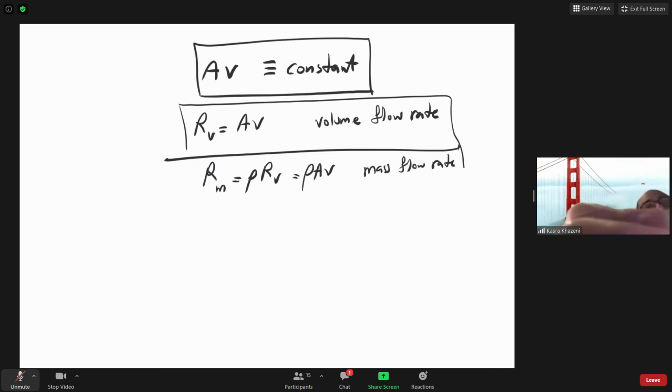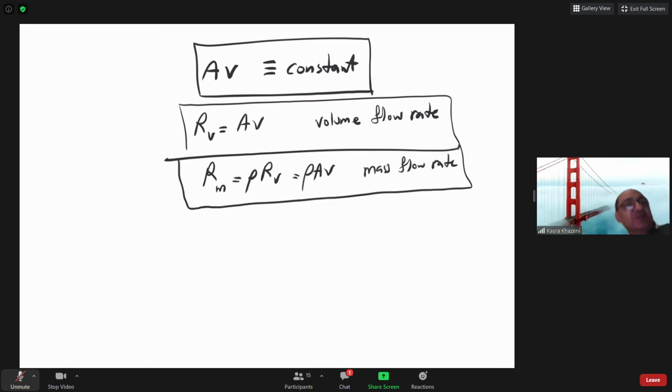These are just definitions of different quantities. A times V is called volume flow rate, and rho times that, which is rho A V, is called mass flow rate. Volume flow rate is a constant throughout every part of the fluid moving, no matter where it goes. And the only reason is that it is an incompressible fluid. So for an incompressible fluid like a liquid, these are all valid constants.